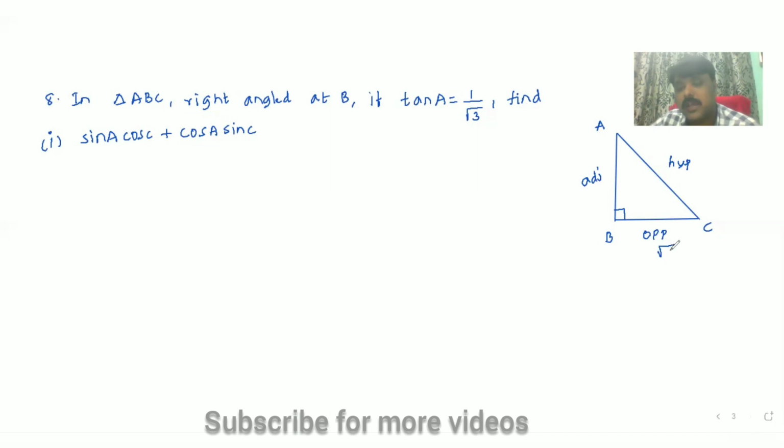It is given as 1 by root 3, no? Okay. This becomes 1. This is our root 3. Okay, let us find the hypotenuse first.